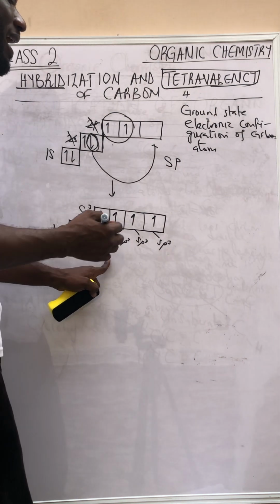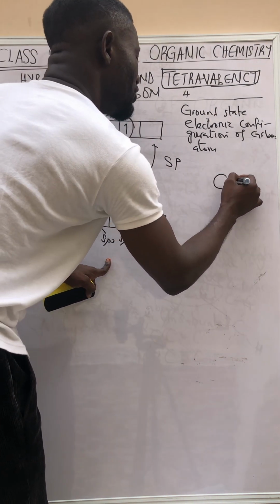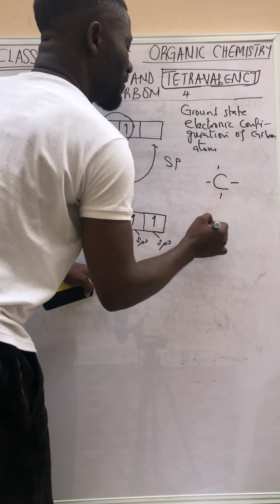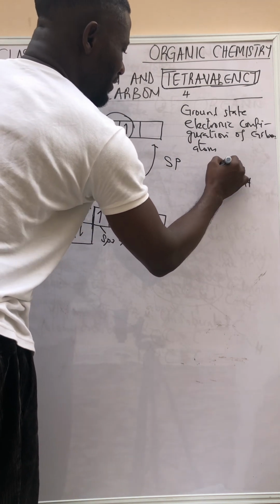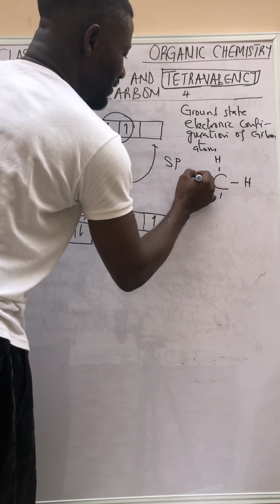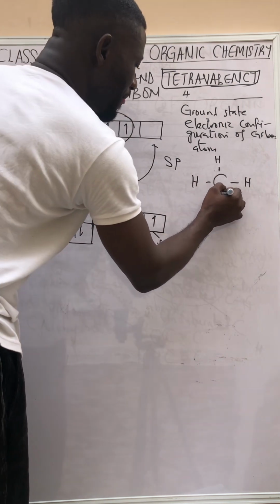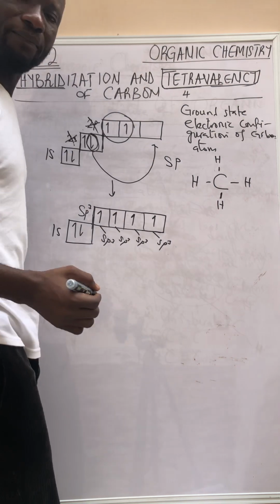So for the carbon atom to bond to four hydrogens, this is hydrogen here, this is hydrogen here, this is hydrogen here, this is hydrogen here.